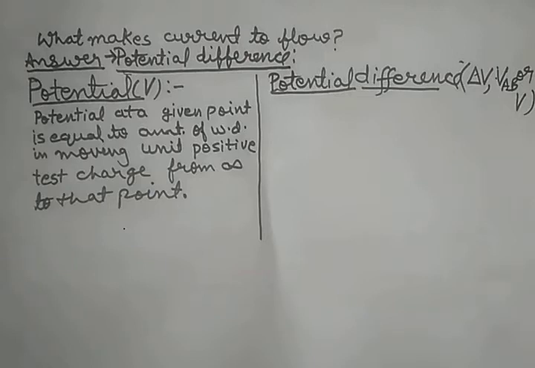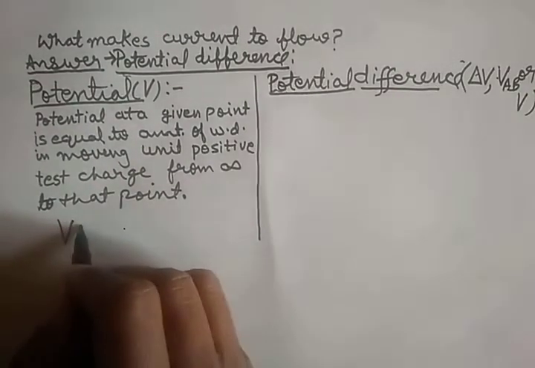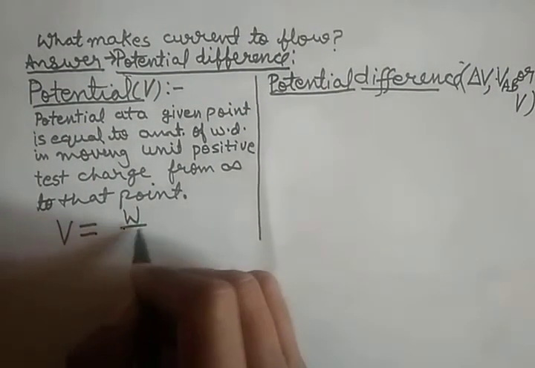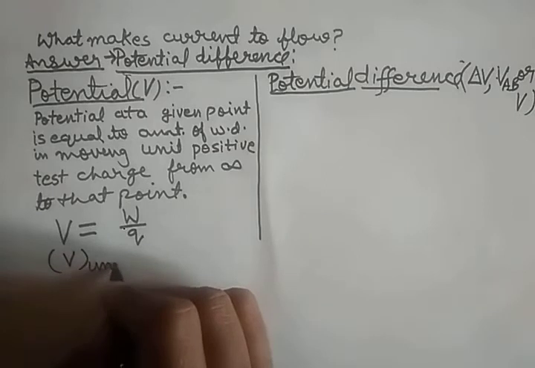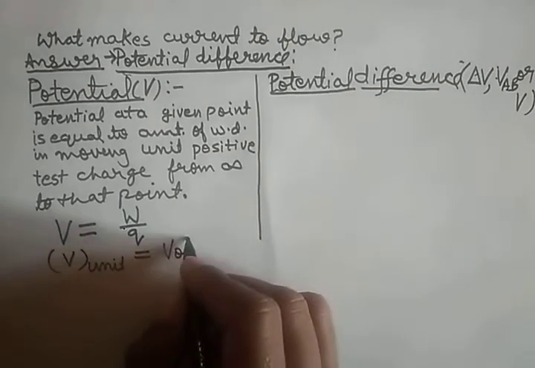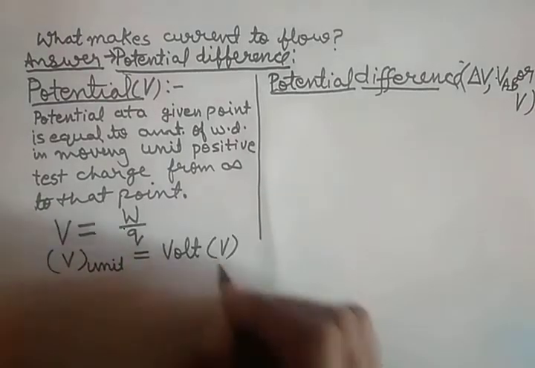The place where that stored work is high is called higher potential, and the place where it is a bit lower is called lower potential. So there is a difference in potentials, and thus a potential difference which causes current to flow. The formula is V equal to W upon Q, and the unit of V is volt.